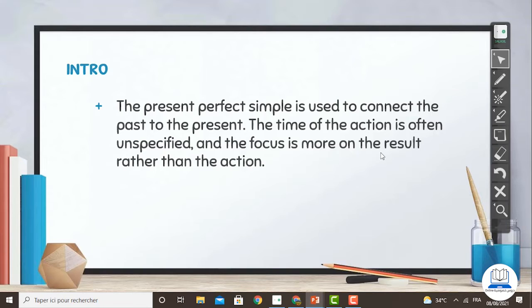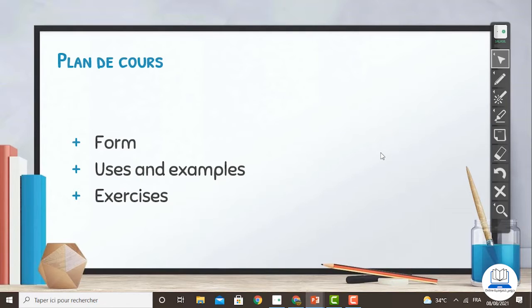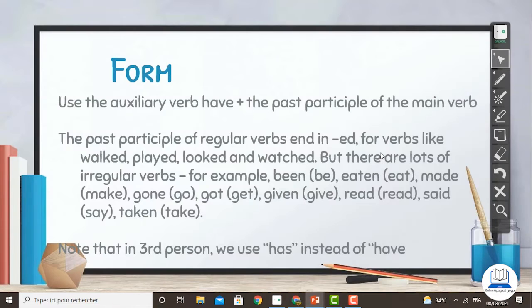The time of the action is often unspecified, and the focus is more on the result rather than the action. So our plan will be: first we are going through the form, then the uses and examples, and finally exercises.